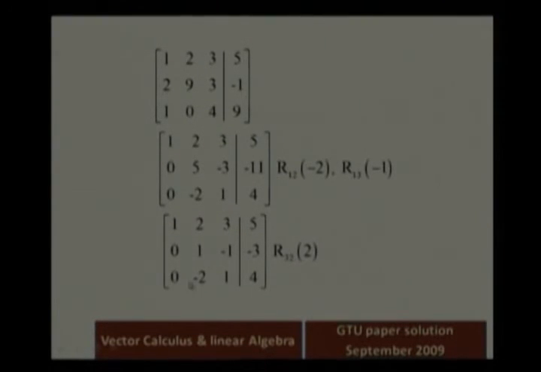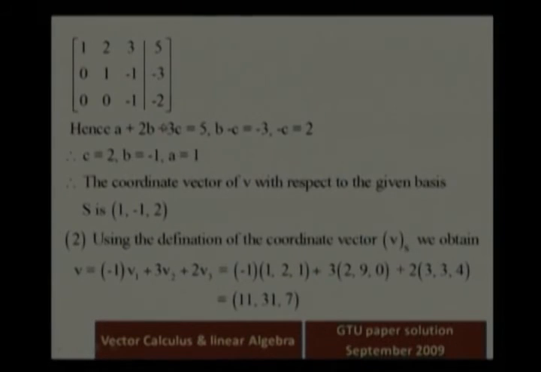Below that leading entry we want 0. So the next process is we multiply the second row by 2 and add it to the third row. So the first row is 1 2 3 5 as it is, the second row 0 1 -1 -3 is also as it is, and the third row becomes 0 0 -1 -2, right?